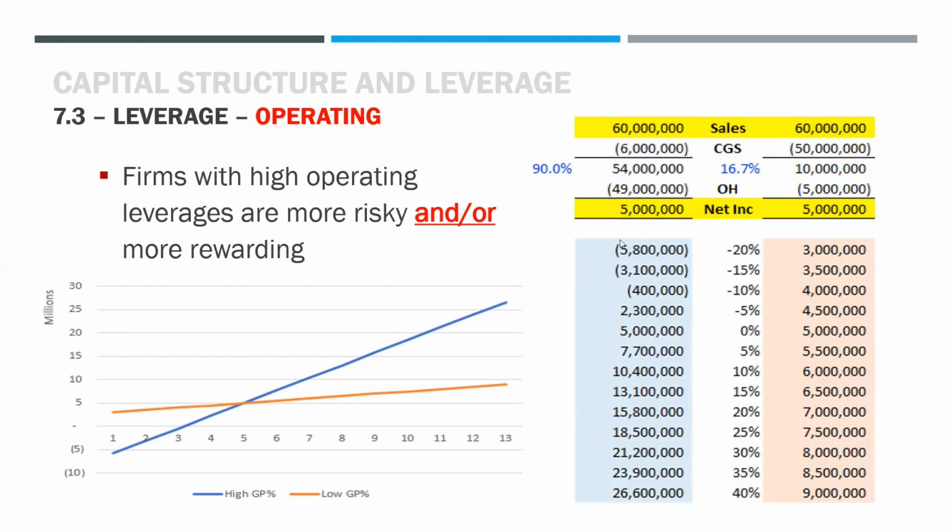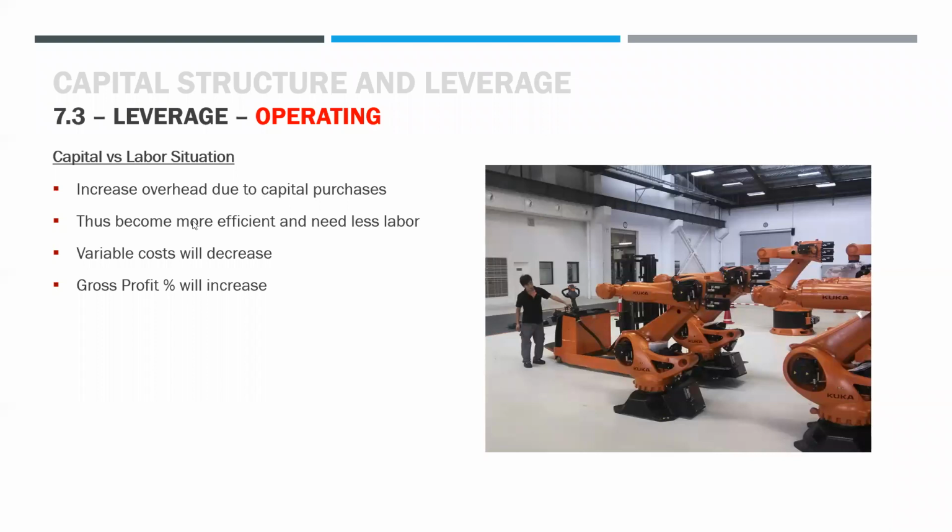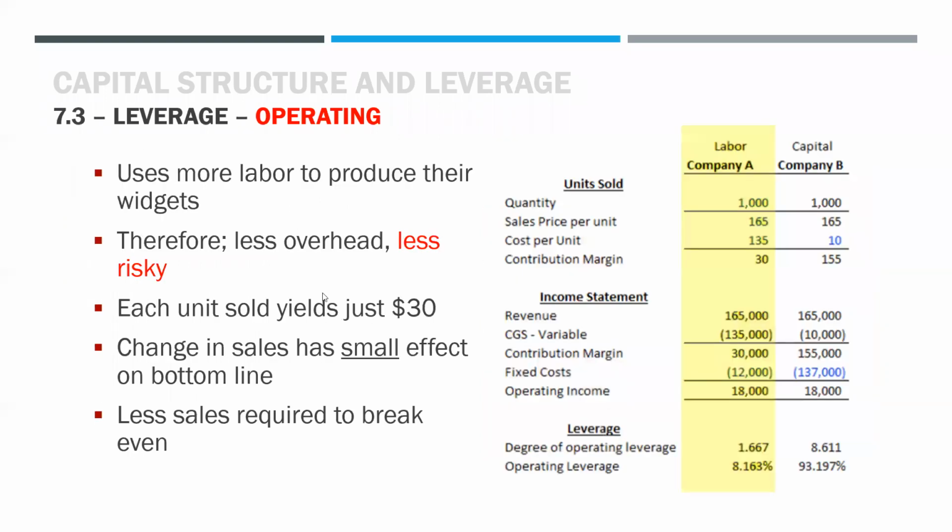Has more overhead, has bought more equipment, won't need as much labor. So the variable costs tend to decrease, which variable costs are more tied to labor and things like that. More units, and your gross profit tends to increase.